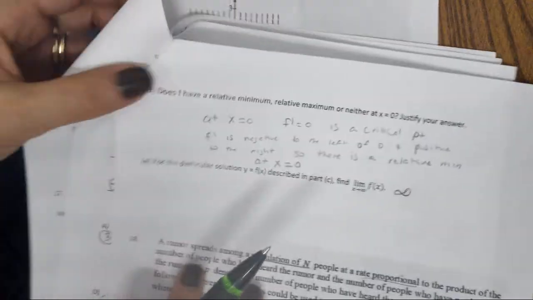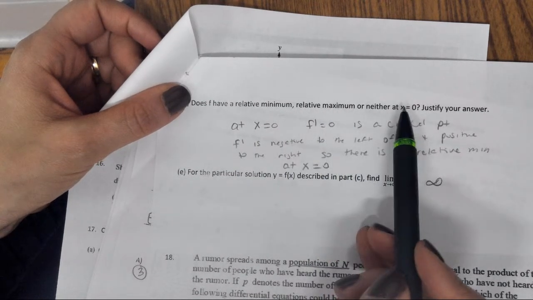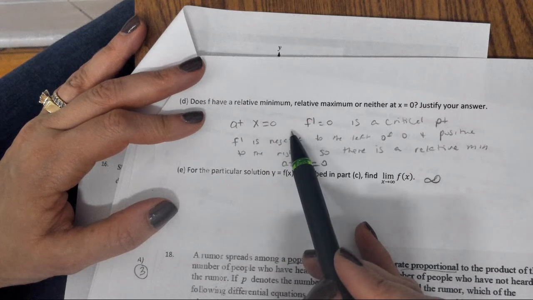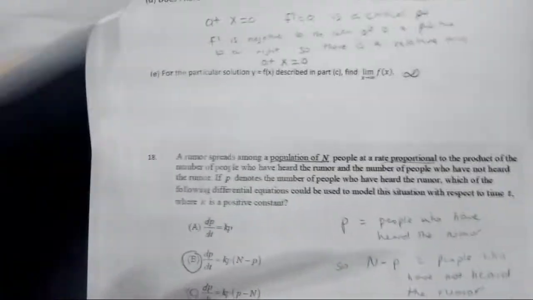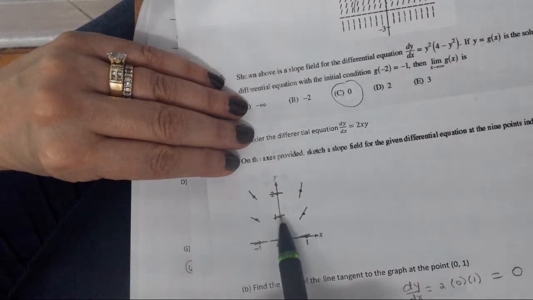Then it asks me, does f have a relative min or max or neither at x equals 0? Well, at x equals 0, f prime equals 0, so it's a critical point. Right? I know that because, again, if I go back, even to this graph, I have a 0 slope. So f prime is 0 when x is 0.